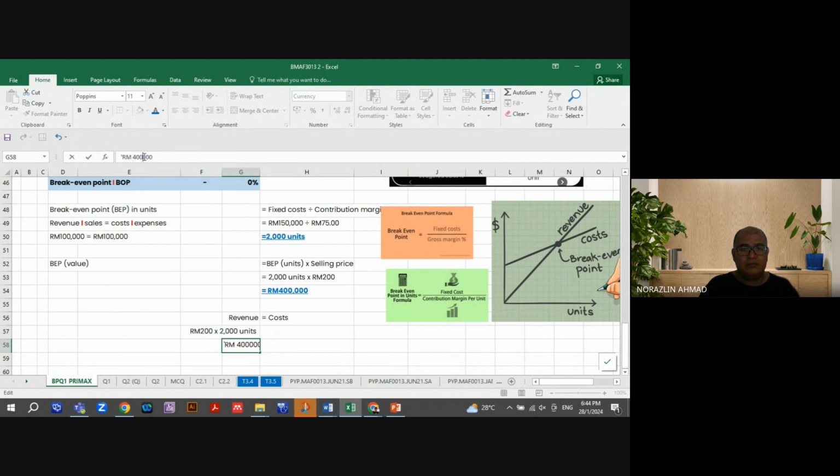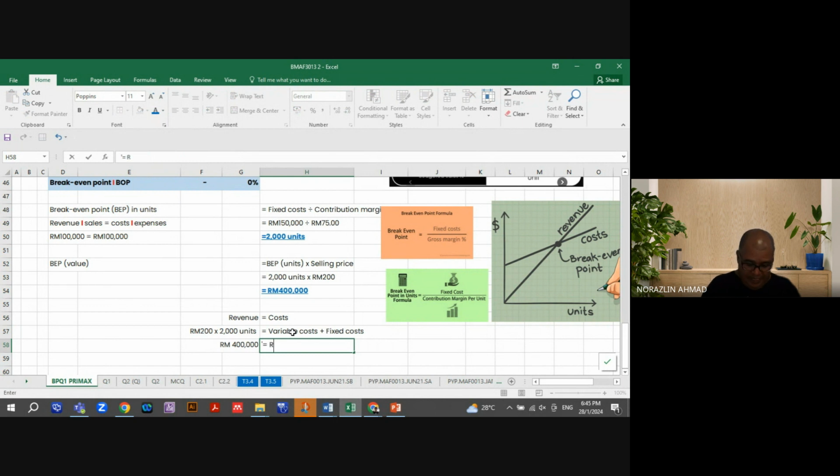The cost is variable cost plus fixed cost.